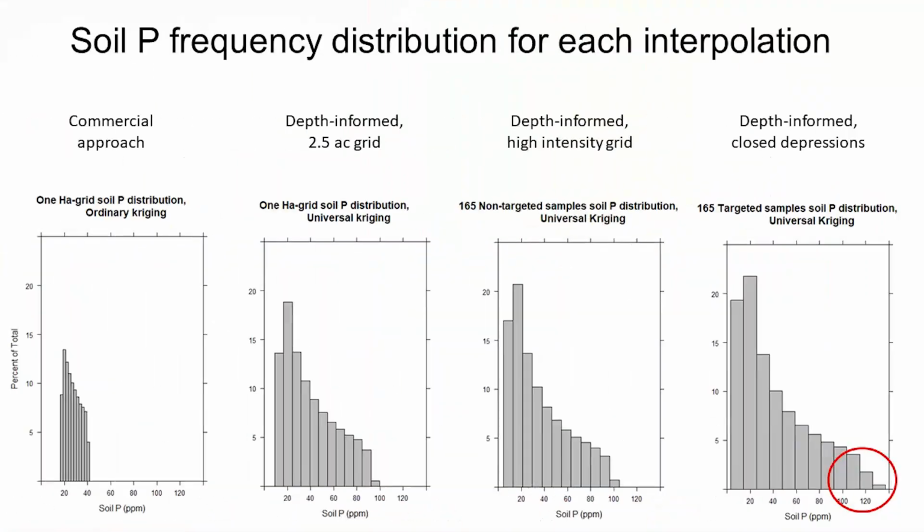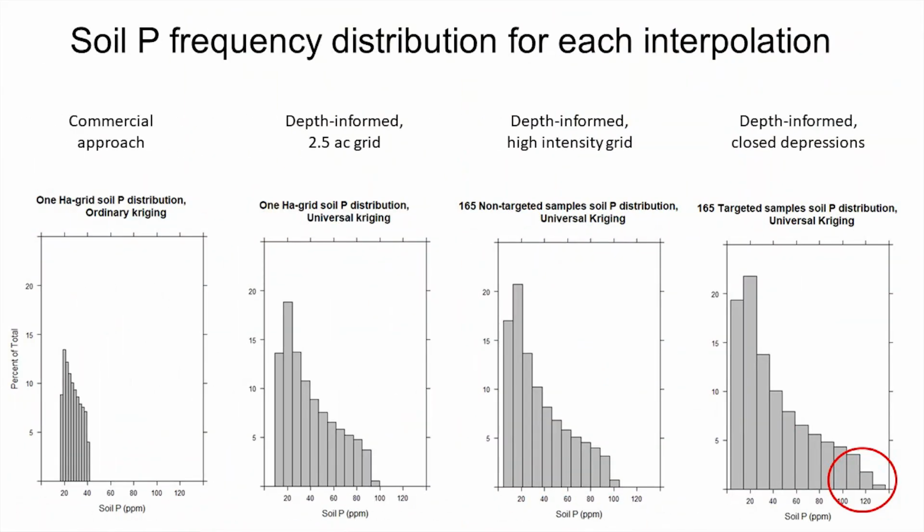Okay. Again, that's the aggregate picture, but if we want to see better how it's distributed across space, we can look at these frequency distributions. So same as before, and what you find again is that with the commercial approach, all the soil P values are crowded over to one side of the x-axis, indicating really we're picking up mainly the places where P is fairly low, and we're missing the places where it's high.